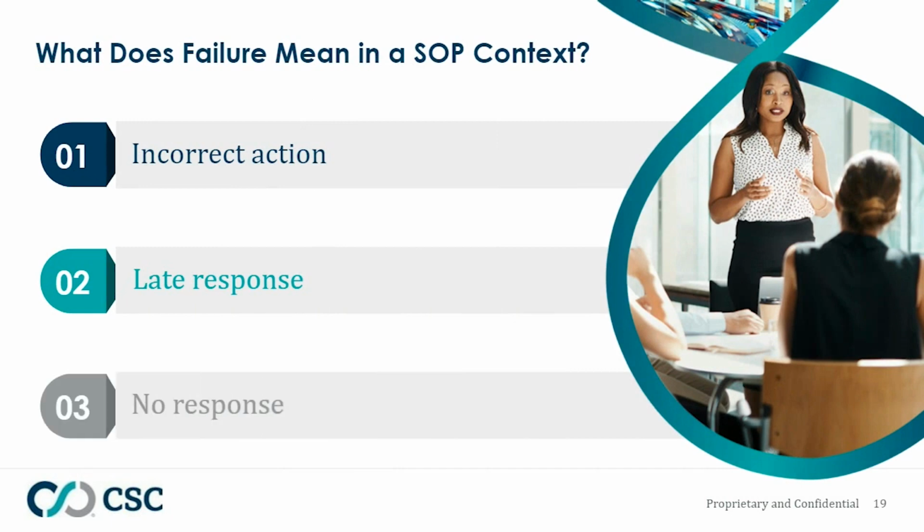So when we talk about failure in an SOP context, we are typically talking about three big categories for how things can go wrong. The first is simply the incorrect things done. This often links back to the document arriving on the desk of a person who doesn't do this all the time and doesn't know what the correct thing to do is.